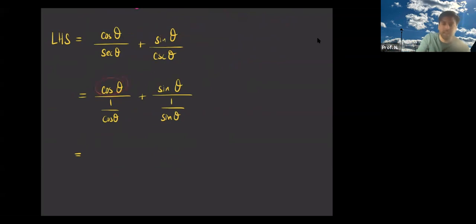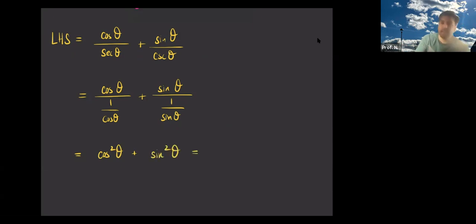Well, what's cosine theta divided by 1 over cosine theta? Remember, when you divide by a fraction, you multiply by the reciprocal. So it's cosine theta multiplied by the reciprocal of 1 over cosine theta, which is cosine theta. And what's cosine theta times cosine theta? It's cosine squared theta. And the same token goes for the next one. Sine theta over 1 over sine theta becomes sine squared theta.